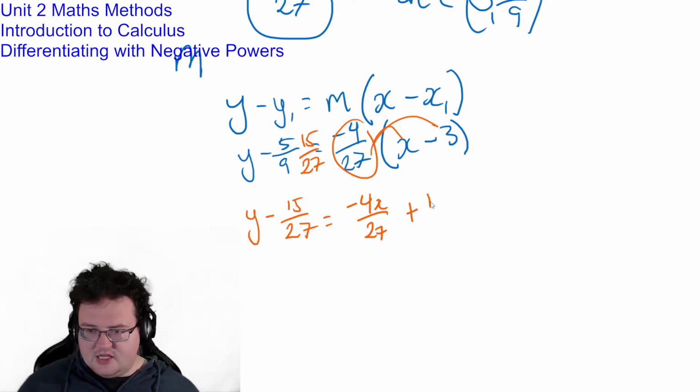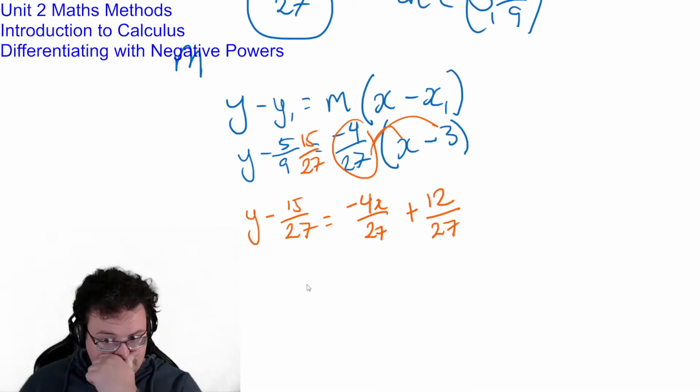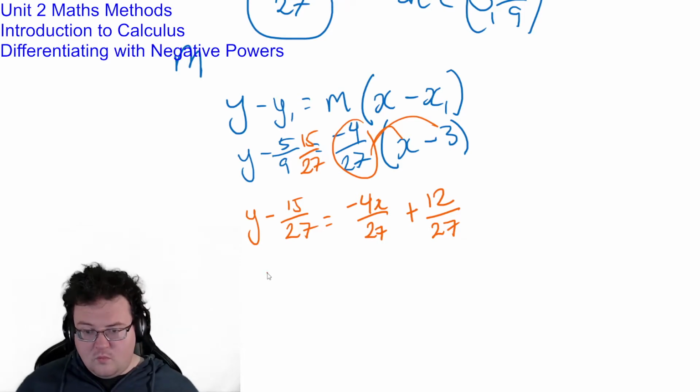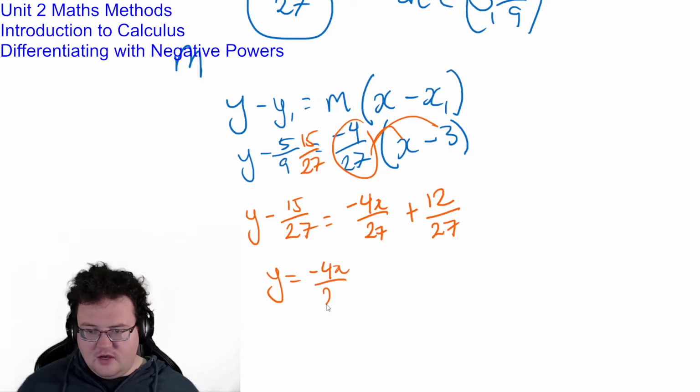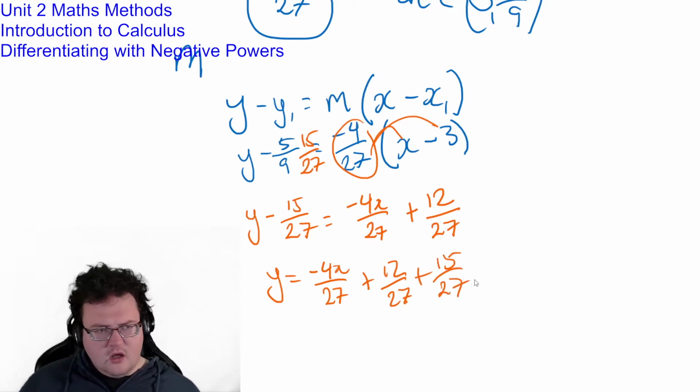So it's going to be plus 12 over 27. I'm now going to add 15 over 27 to both sides. y equals negative 4x over 27 plus 12 over 27 plus 15 over 27.